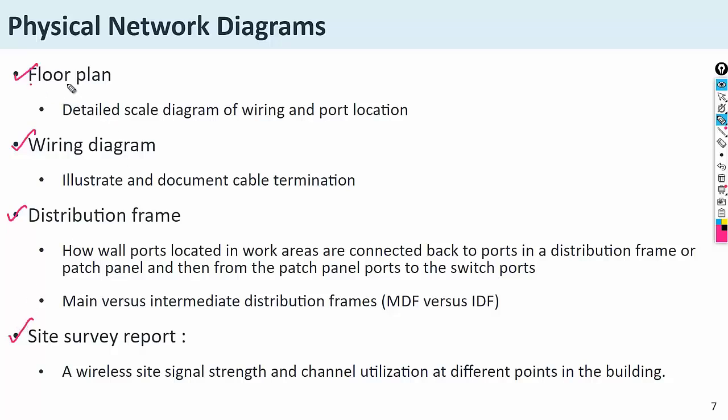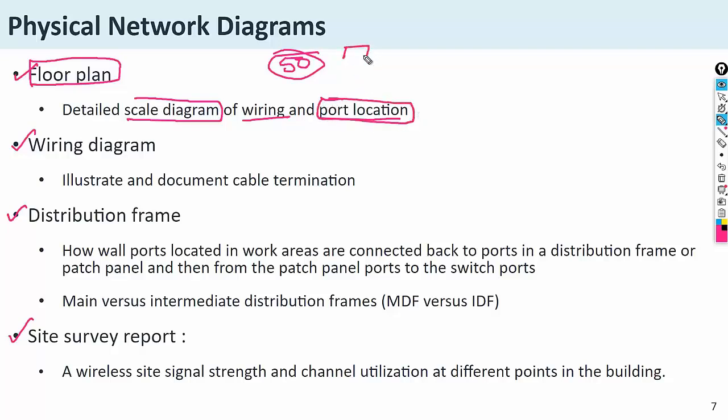First is the floor plan, which means for a single floor you need to create a detailed scale diagram of the wiring and the port locations. Like if you have 50 computers to install in a single room, you will have to create 50 ports, 50 connectors on the wall.